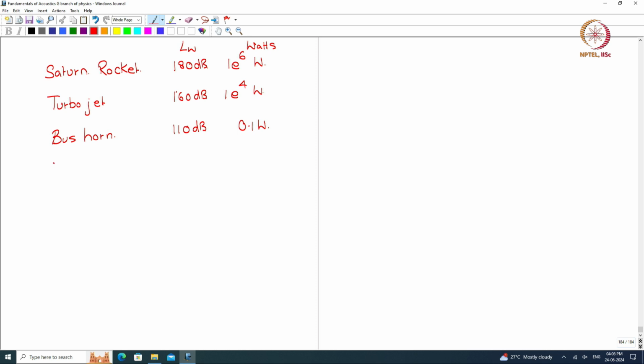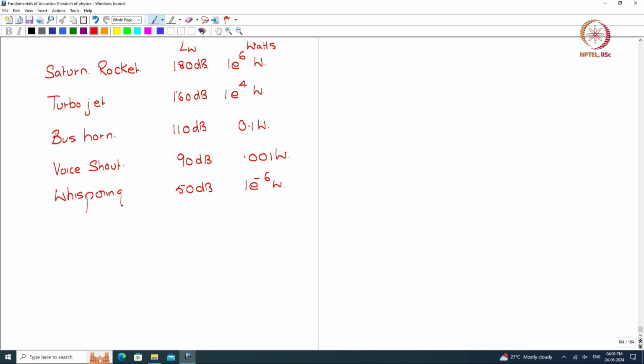Then if a human being shouts to the maximum extent or some reasonable extent, the power level LW may be 90 decibels, which is 0.001 watt. And if somebody is whispering, that could be about 50 decibels, and the power is 1e-6 watts.